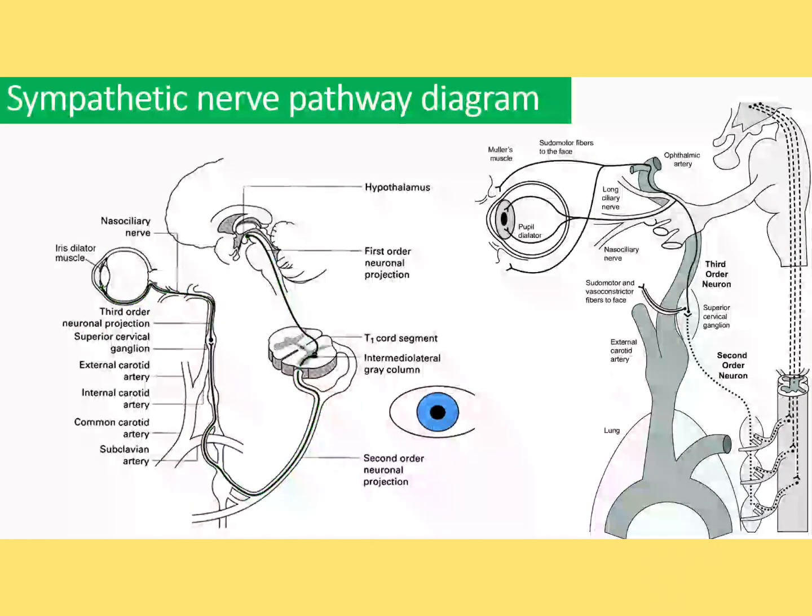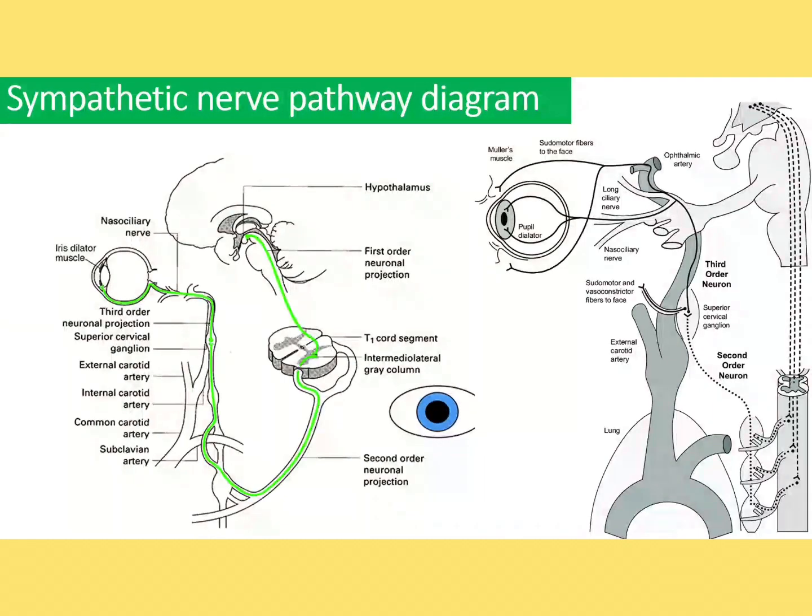Now the third order neuron goes along the carotid artery and reaches the skull. The third order neuron is divided into two parts. One part goes with the internal carotid artery and another part goes with the external carotid artery. The internal carotid artery goes inside the skull and crosses the cavernous sinus.